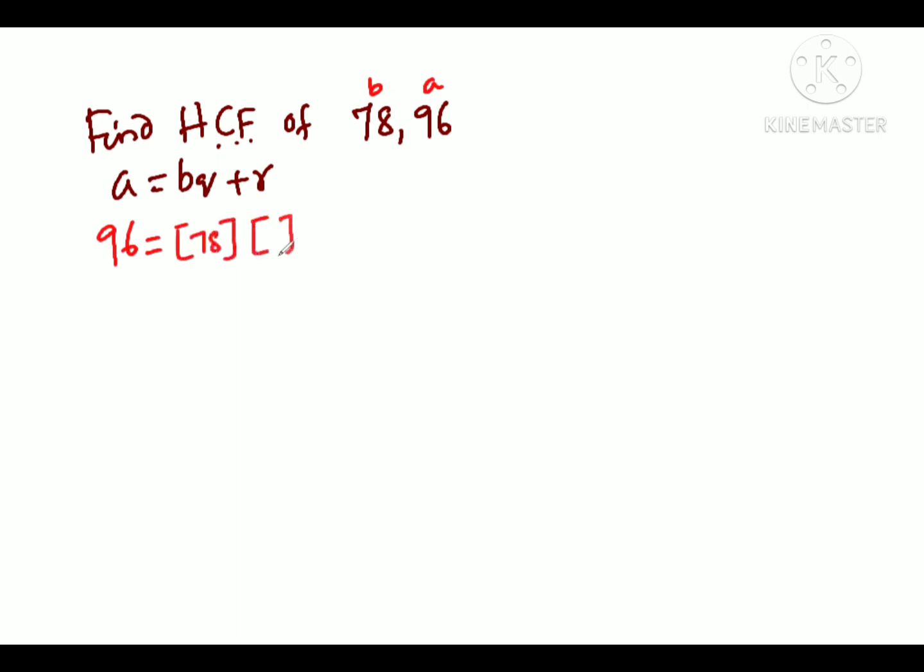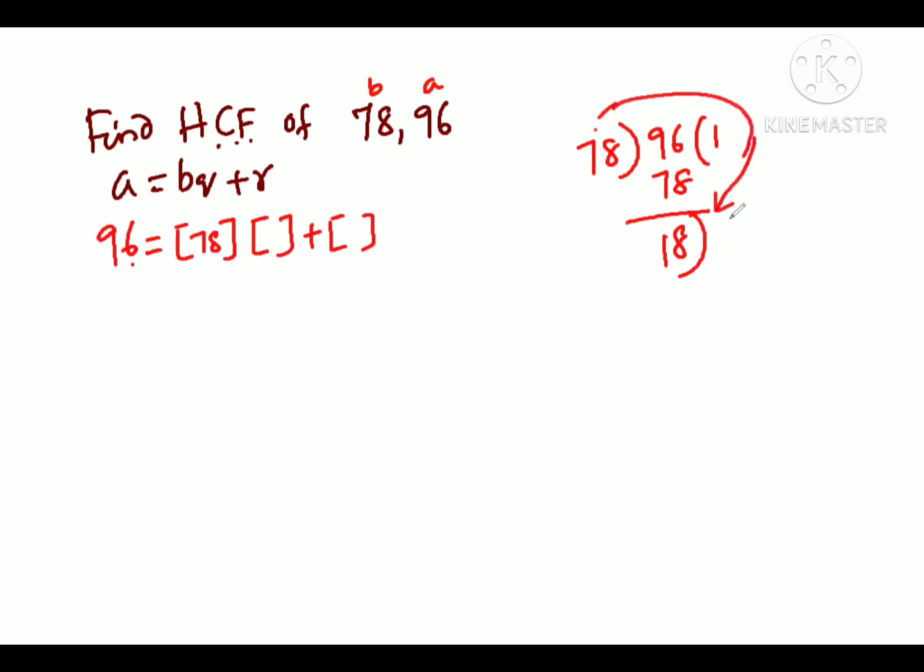You have to find Q and R by dividing 96 by 78. Let us do it here: 96 divided by 78, 78 1s are 78, and take this remainder as the new divisor and 78 as the new dividend.